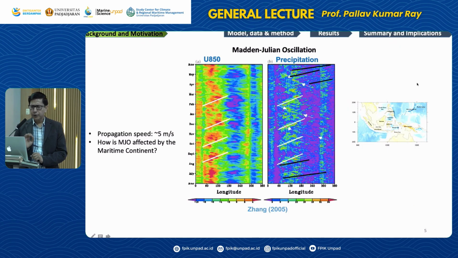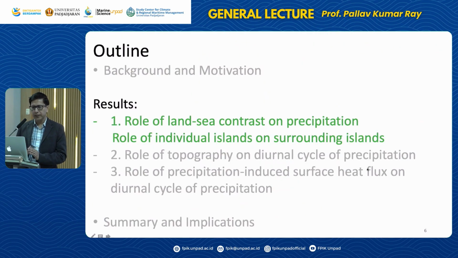Okay. So for today's talk, I am going to focus on three topics, all related to land-air-sea interaction or land-atmosphere interactions. So the first one is the role of land-sea contrast on the precipitation. And specifically, what we are going to see is how individual islands within the Indonesian maritime continent actually impact other islands, correct? So how, for example, Sumatra influences, let's say, Borneo or New Guinea, or how Borneo influences Sumatra or New Guinea.